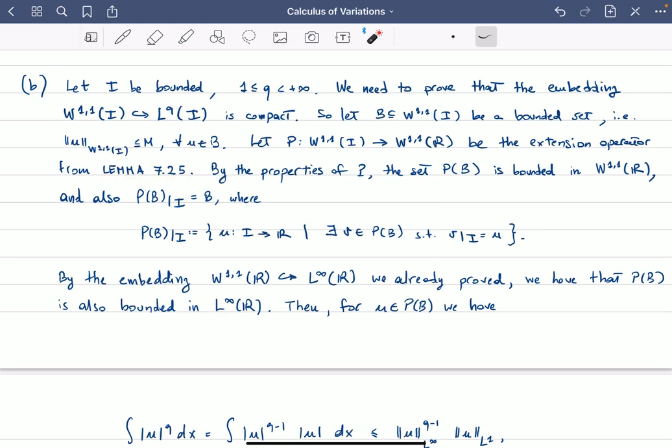By the properties of P, we know that the set P of B is bounded in W11 of R, because remember that P was linear and bounded, so the norm of P of u in W11 of R is less or equal than a constant times the norm of u in W11 of I, which is by assumption less or equal than C times M. So also this set here is bounded.